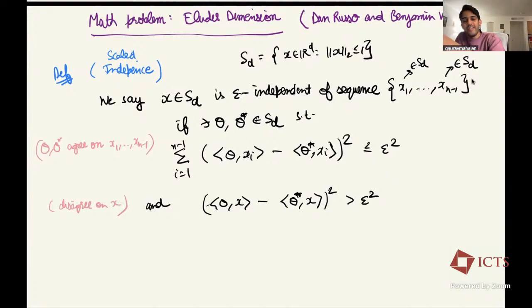Okay, so does this definition make sense? Give some illustrative example, of some sequence which is independent and which is not.